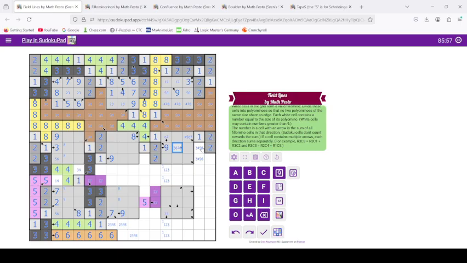So that's not an 8. But if this were a 6, it cannot go there because that'd be a 12. It would have to go here. That makes this a 7. That an 8. Then what's this?